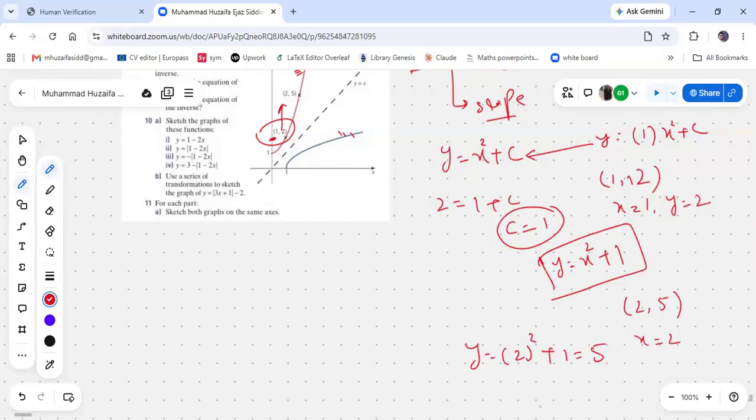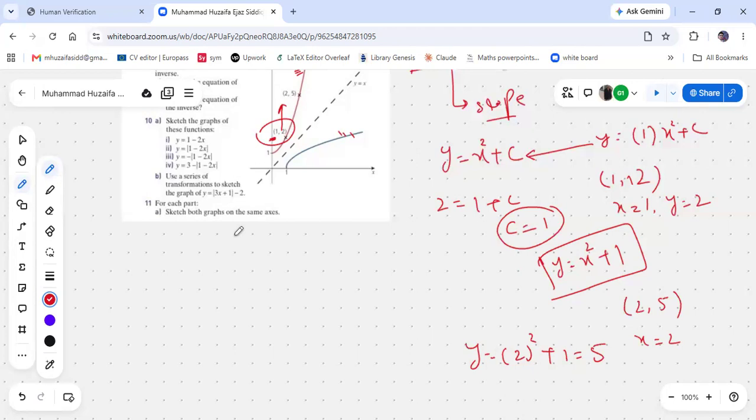So now we are checking the second point, moving from point one to point two.